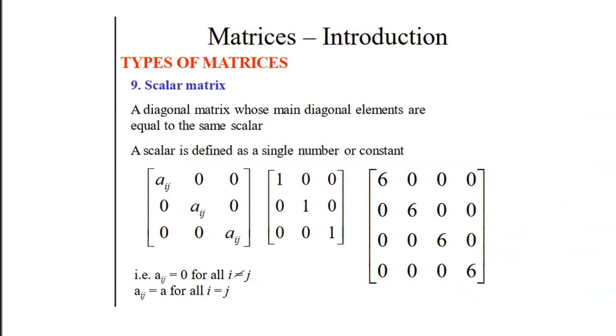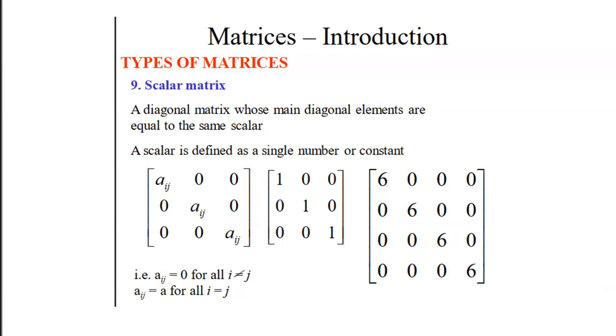This is what you call a scalar matrix, very similar to what we call a diagonal matrix. All the numbers are equal. In the diagonal matrix, they don't have to be equal. But when you talk about a scalar matrix, usually all of them are equal, as you see here.